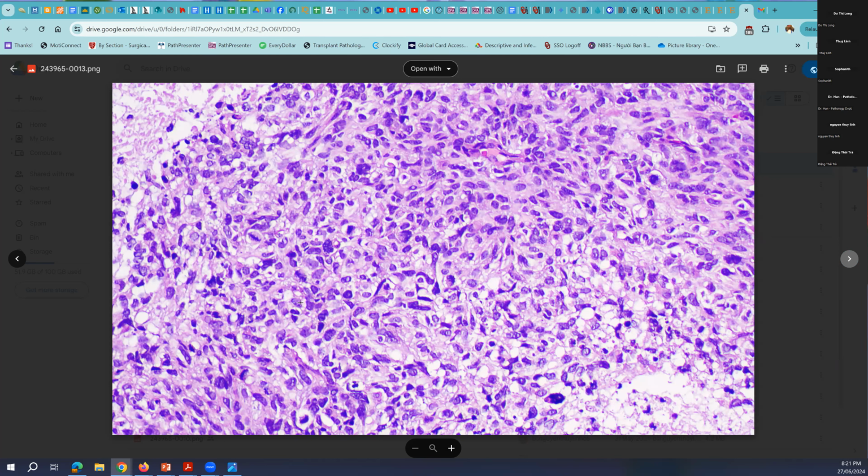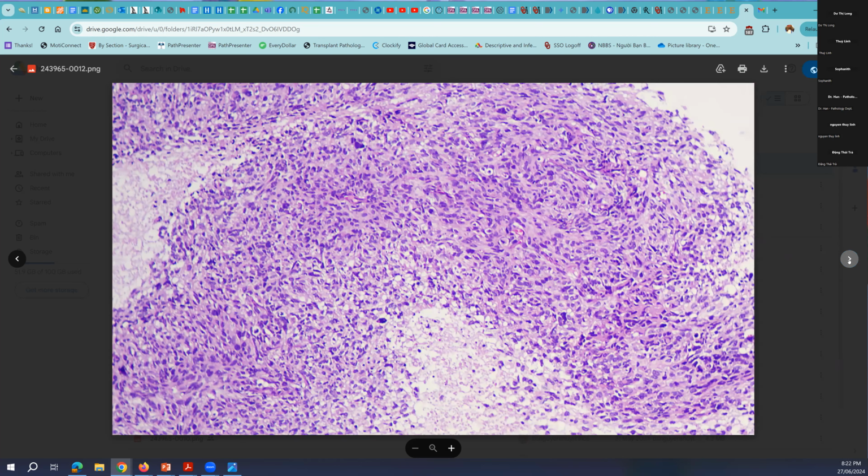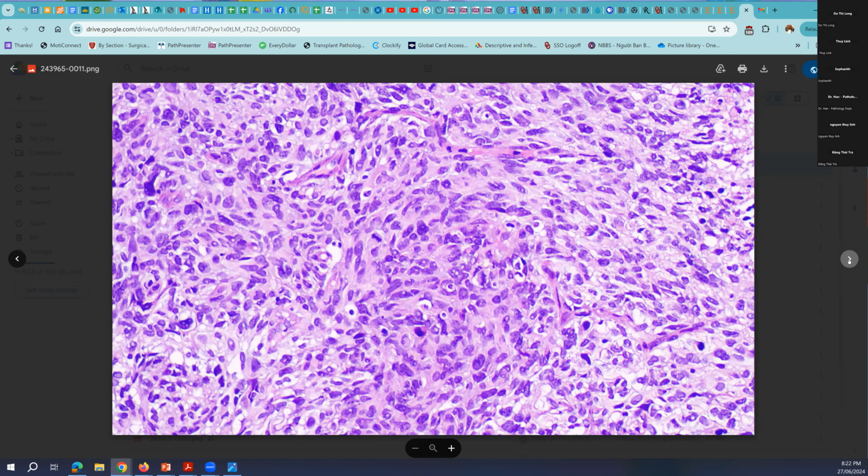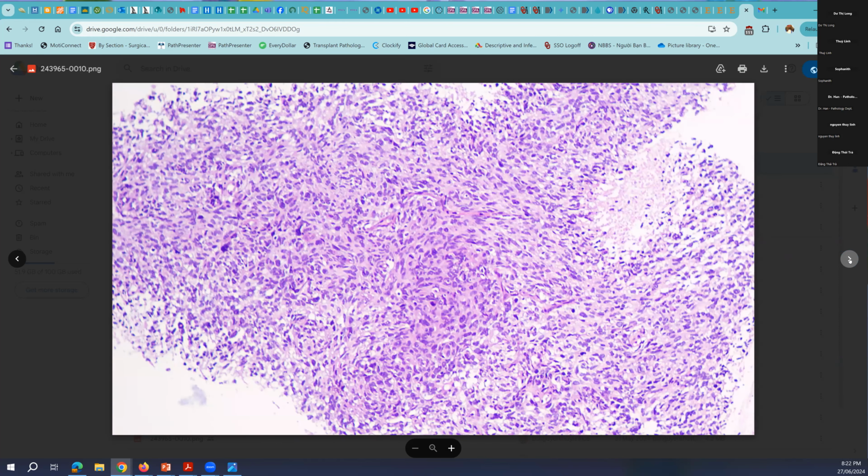This is a little bit more pleomorphic and atypical than most synovial sarcomas. Of course, those can occur anywhere in the abdomen, the extremities, and so forth, head and neck. They're quite indiscriminate about the locations that they like.